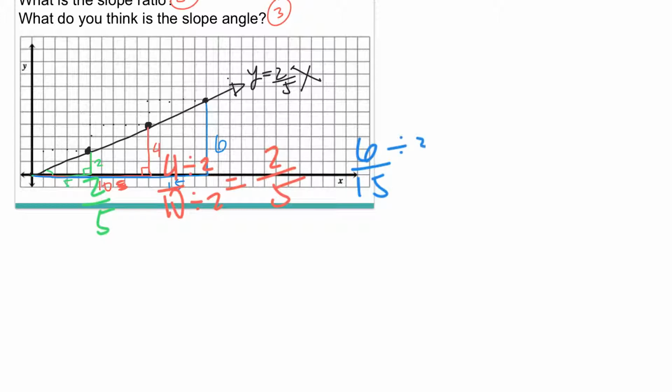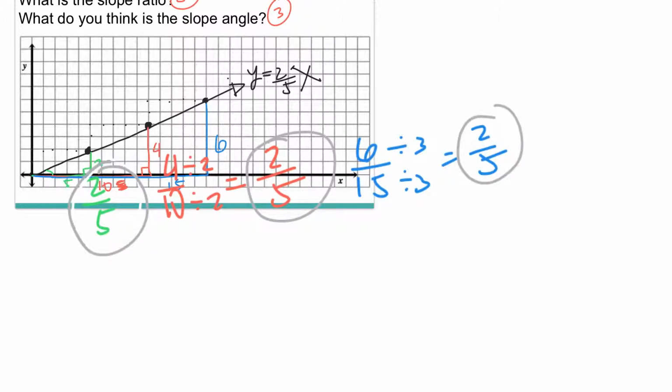Happens if I divide it by 3. I get 2/5. So it looks like my slope ratio is always going to be, oops, wrong color, it's always going to be 2/5. So what is my slope ratio in this case? 2/5.